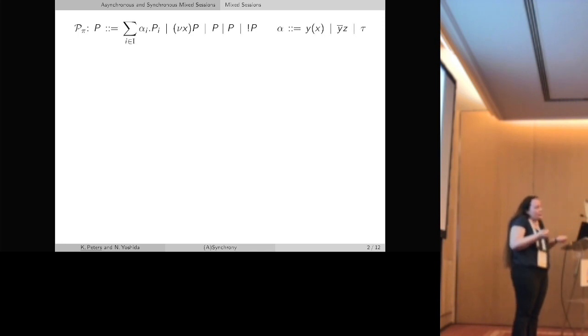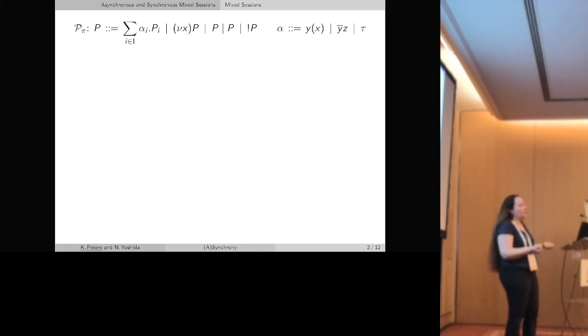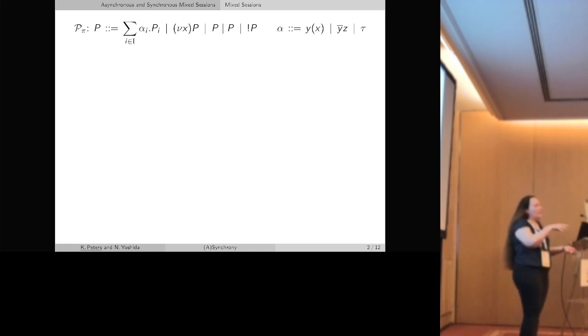And it turns out for the pi calculus, this is really what makes the difference between the asynchronous and the synchronous communications and the expressive power of the synchronous communication. There are other things that make a semantics, for instance, asynchronous or synchronous, but the additional expressive power that comes with the synchrony comes from the mixed choice, right?